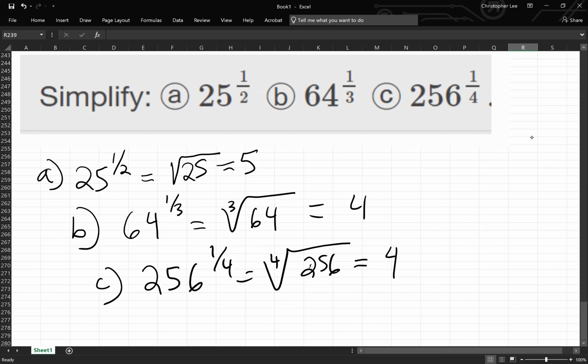Sure. Mm-hmm. Yeah. Yeah, I agree. You can also check your answer. Like having the fraction exponent or having the radical, you mean?